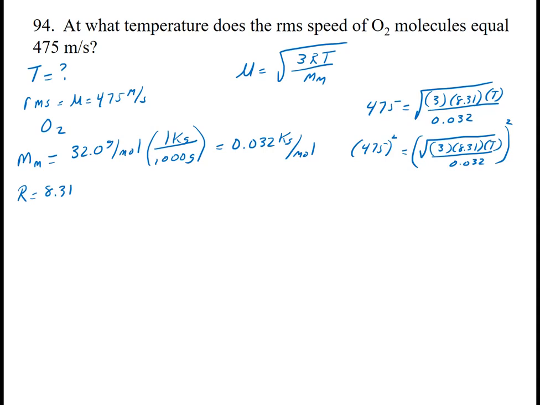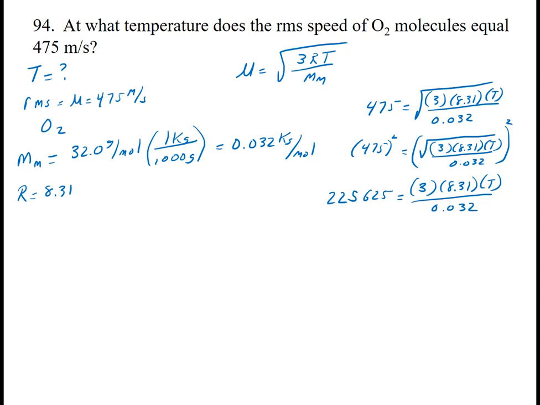475 squared is 225,625, and all that did was get rid of the square root sign. So I still have 3 times 8.31 times T divided by 0.032.